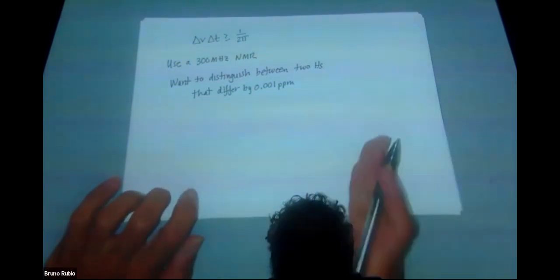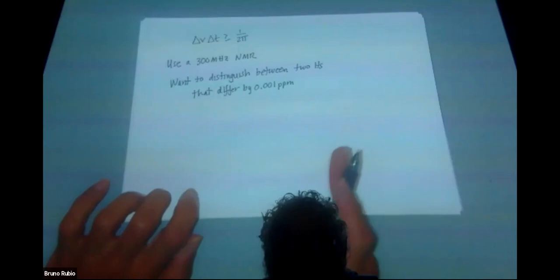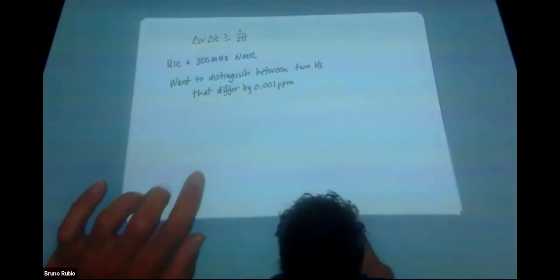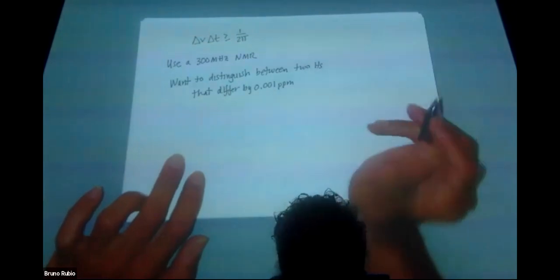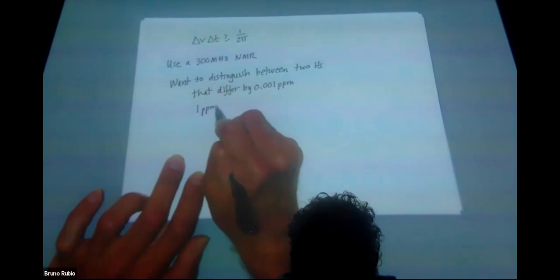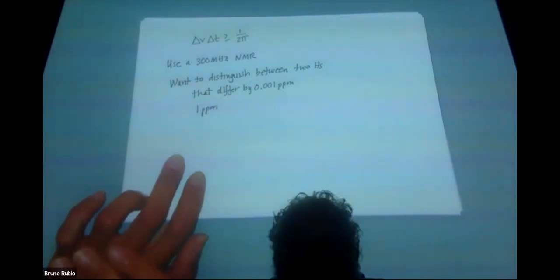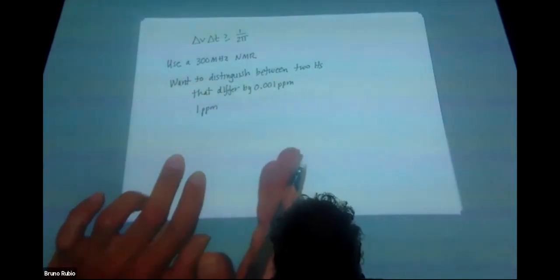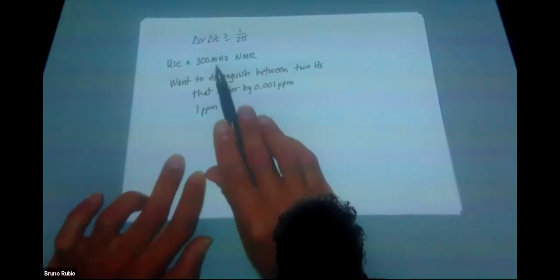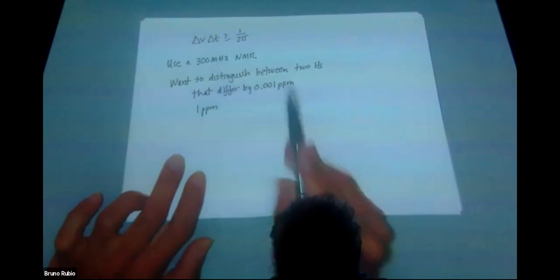So if we want to be able to tell the difference between two protons that differ in chemical shift by 1,000th of a ppm, oh, and by the way, one ppm, remember that means parts per million. Part per million of what? Part per million of the rating of the magnet in units of megahertz.